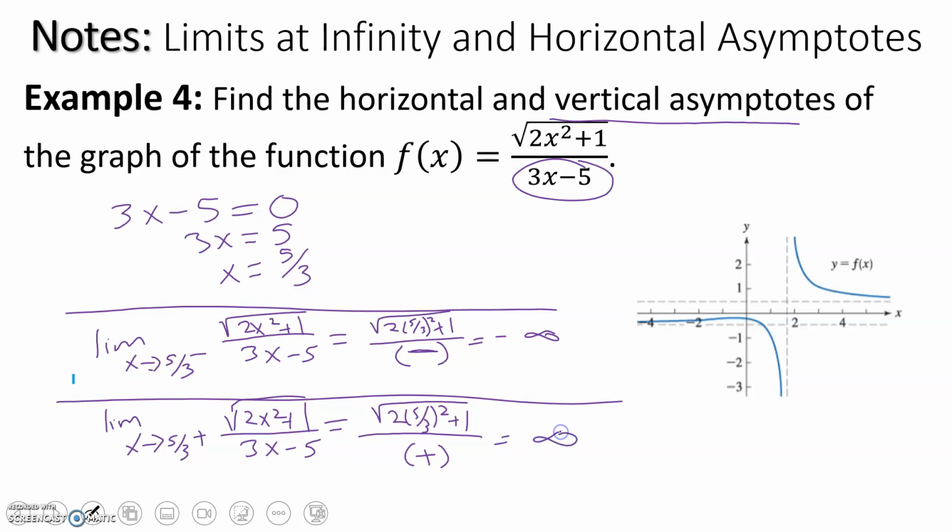And so that'll result in a really big positive. Now note this here is not an actual calculation, but more concept than anything. And you look at the graph and you see that is what happens. We approach that 5/3 from the left, and we go down here to negative infinity, and from the right we go to positive infinity. Therefore, we see that we have a vertical asymptote at x equals 5/3.